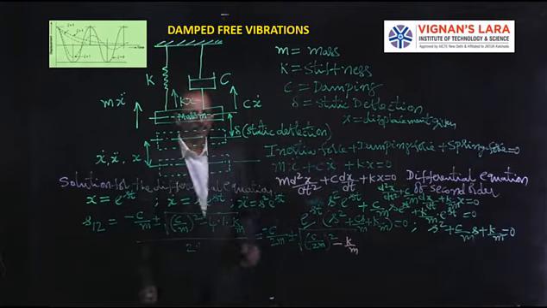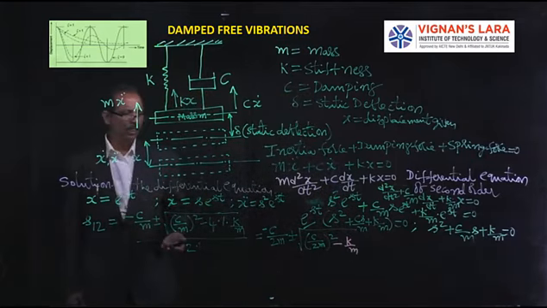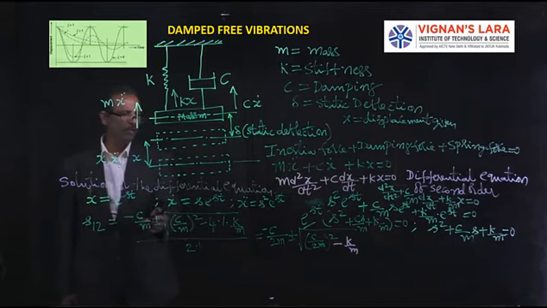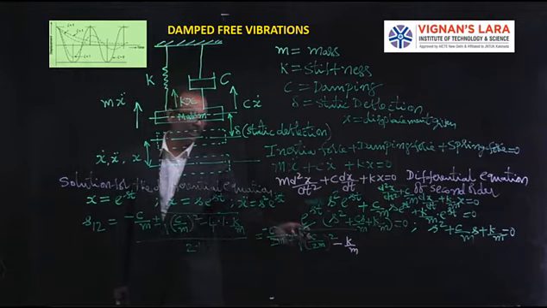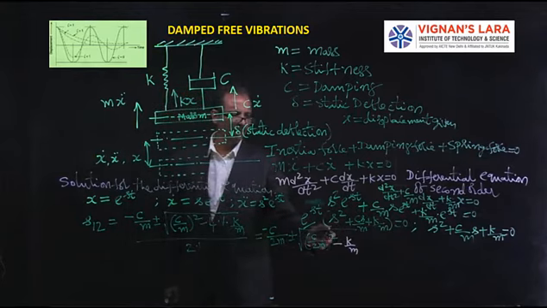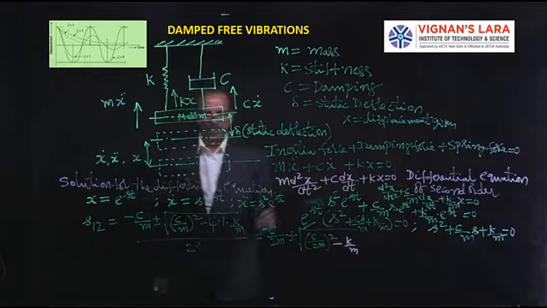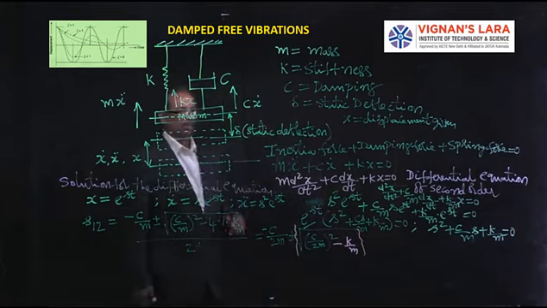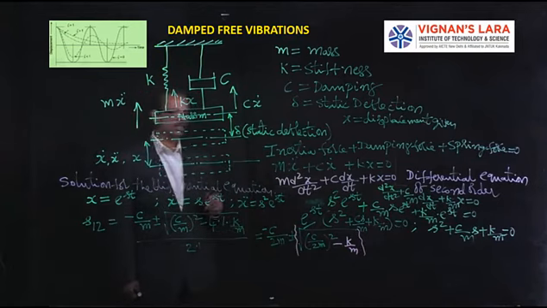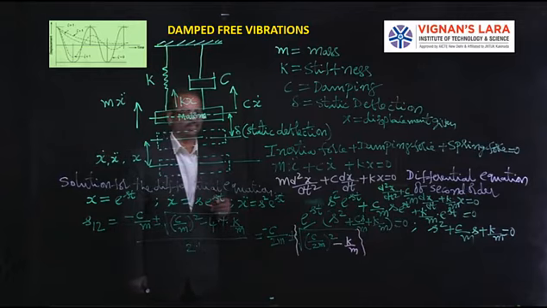Taking the 2 inside the root, it becomes 1 by 4, and 4 by 4 is 1, so we get c by 2m whole square minus k by m. Here you can see this value inside the root, c by 2m whole square minus k by m, decides the nature of the damping of this vibration.